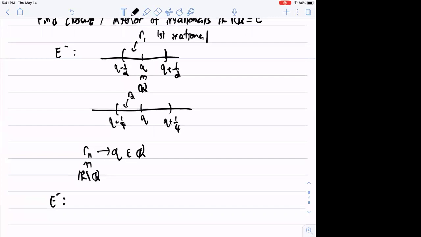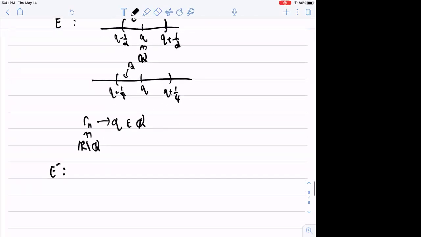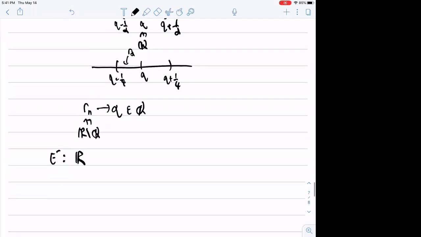I must contain the rationals because I've just found a sequence going to each of them. And I must contain the irrationals because that's my original set. So I must contain rationals and irrationals. So the closure must be all of R. Yeah?